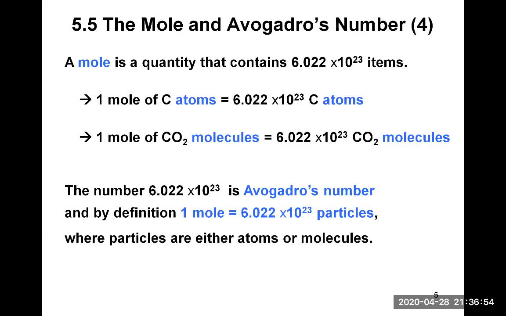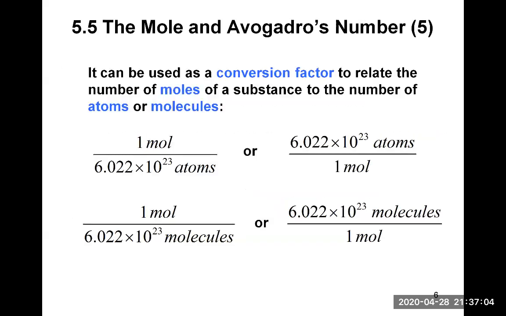And so you see that this is an equality, right? By definition, we have this equality between 1 mole and the Avogadro number of particles. And so when you have an equality, if you can recall what you learned in chapter 1, you will remember that we can use that as a conversion factor.